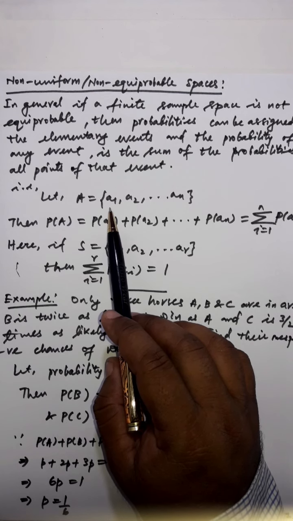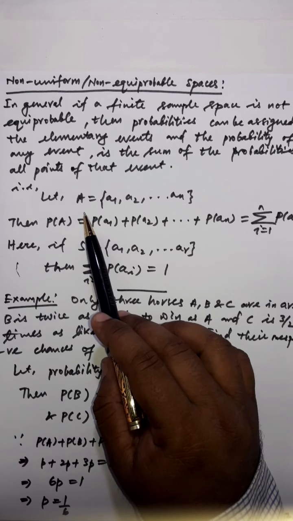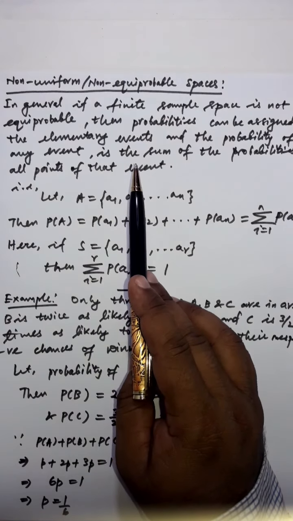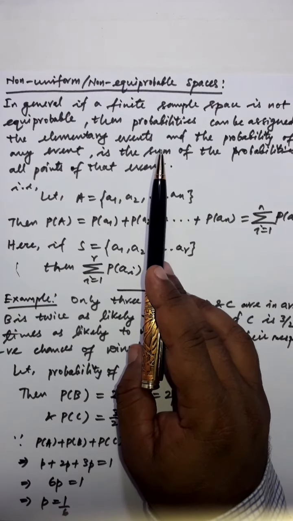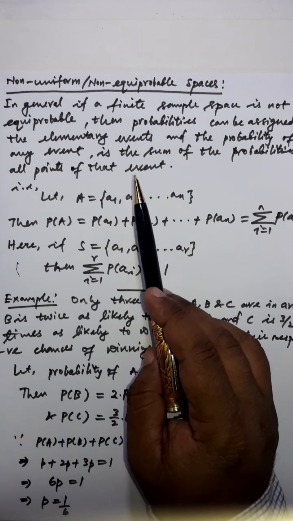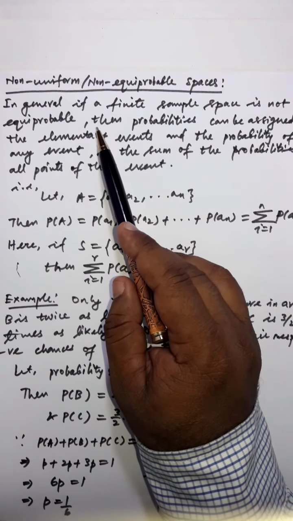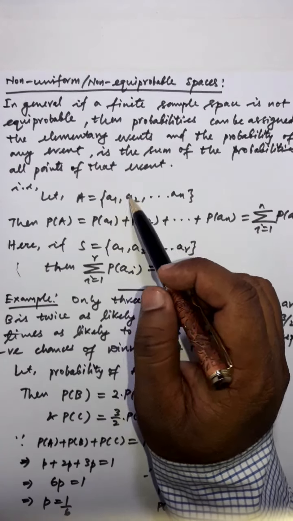Now adding the probability of each and every element of the event will help us to get the probability of the whole event in case of non-uniform or uniform spaces. It helps you in both cases, but in non-uniform cases we need to use it.